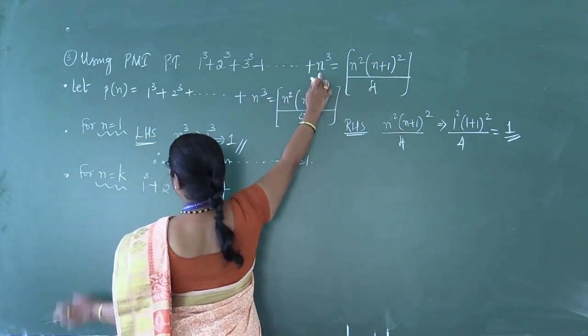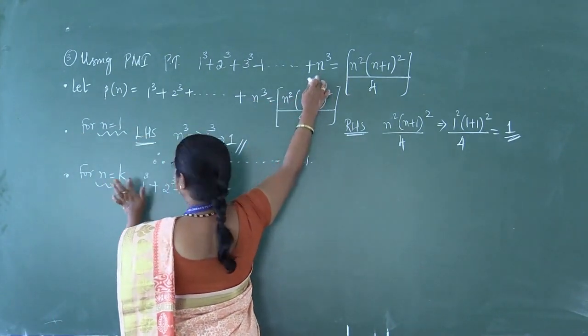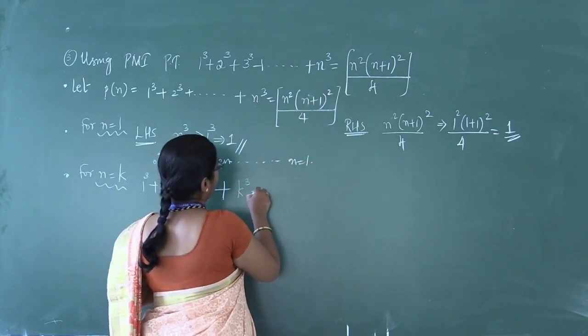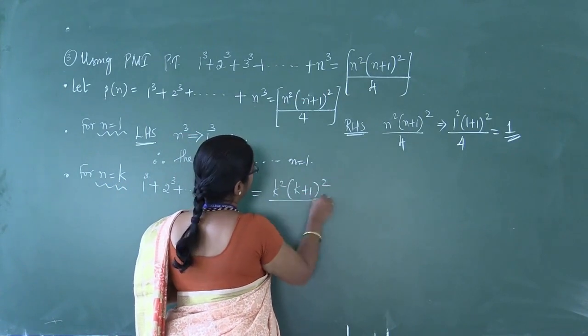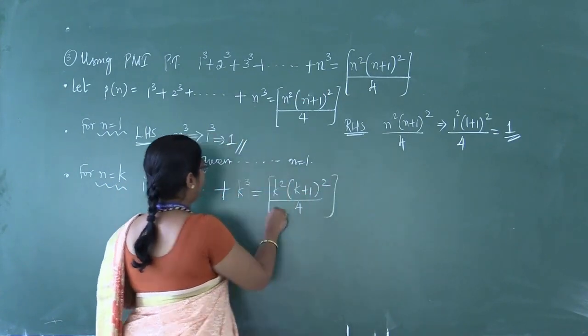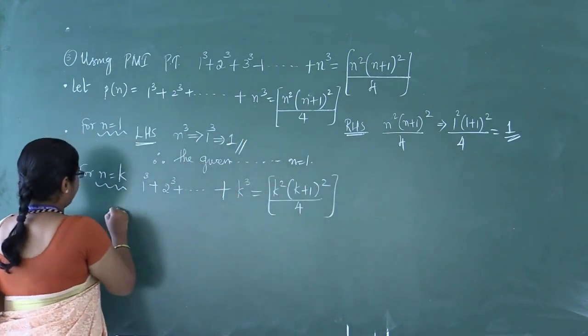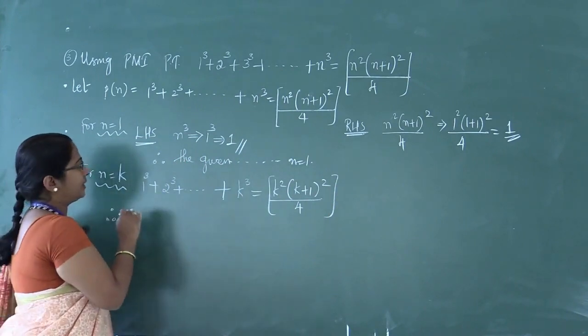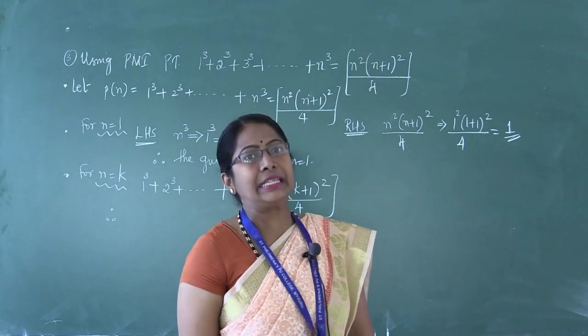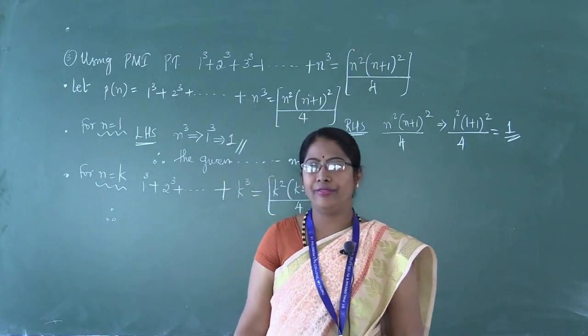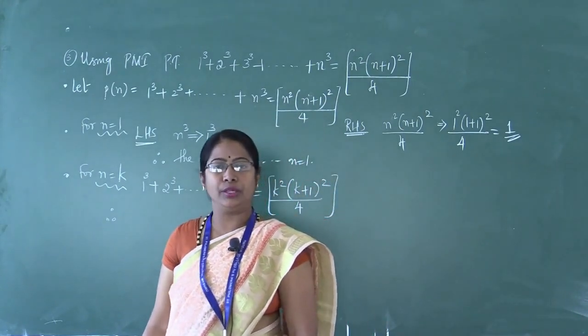In place of n cube, what do you write? You will write it as k cube equal to k square into k plus 1 whole square divided by 4. What is the conclusion you're supposed to write? The final statement. Therefore, the given statement is true for n equal to k.